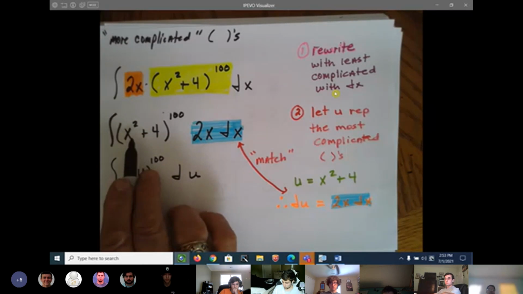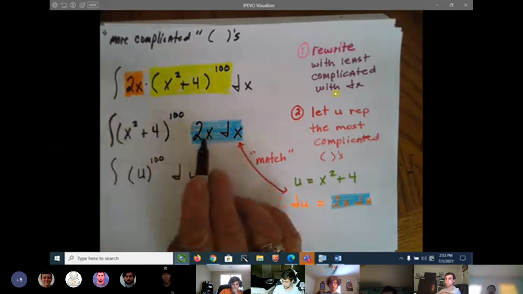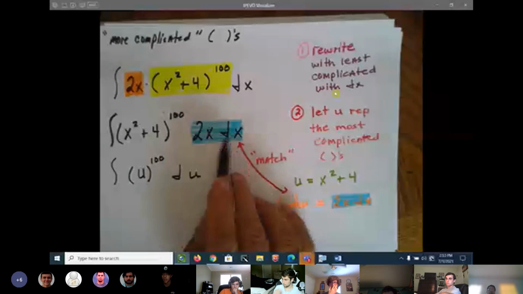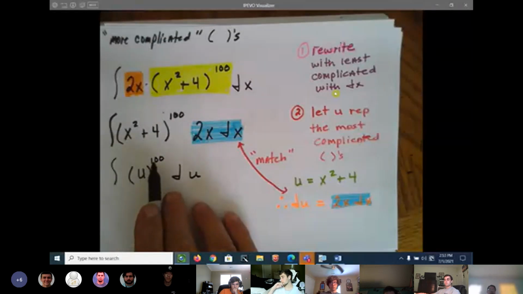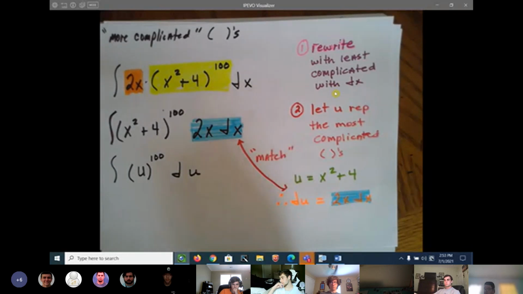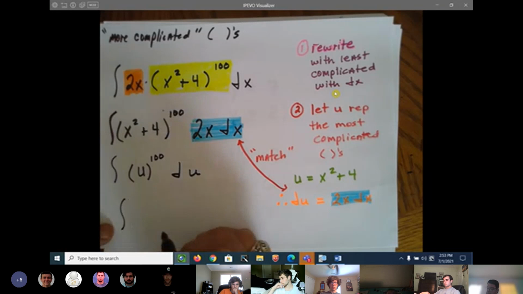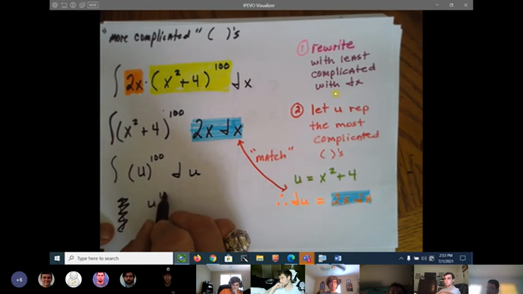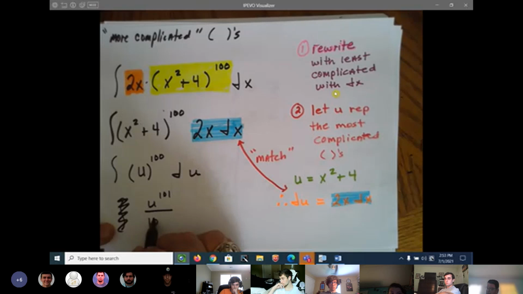What's the derivative of x squared plus 4? 2x dx. So I have u to the 100th power du, right? So what's the antiderivative of u to the 100th power? u to the 101st power over 101.